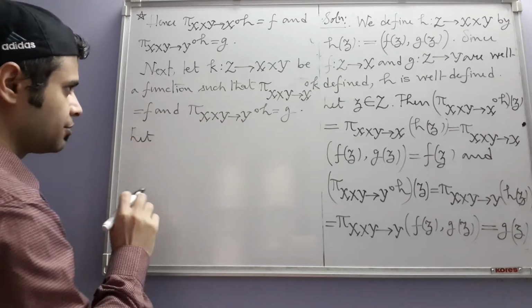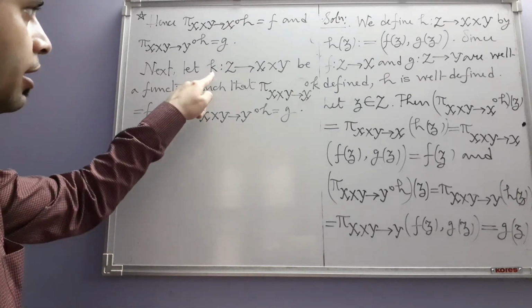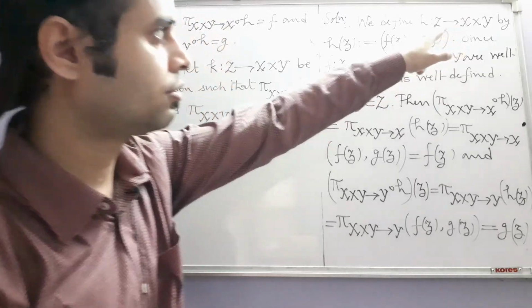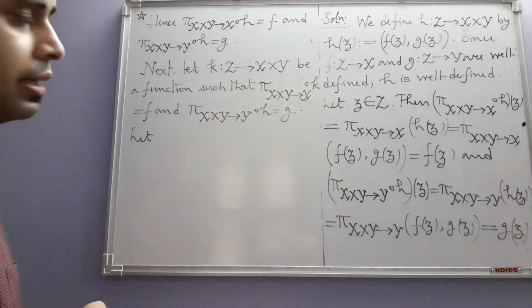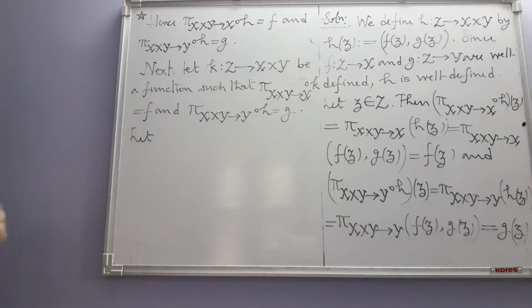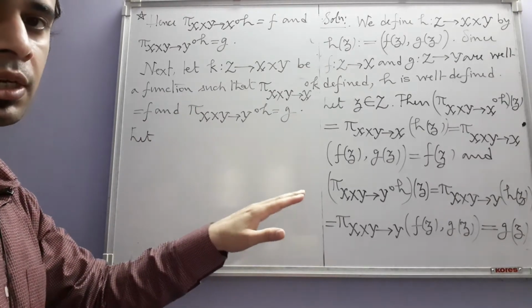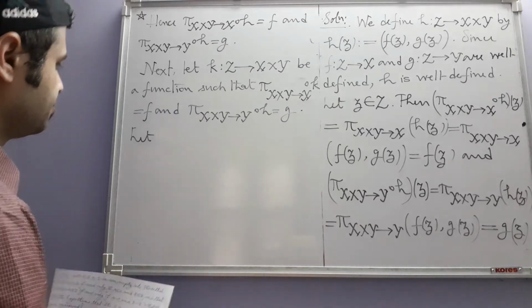For that we have to just show that K and H are both functions having domain Z and range X cross Y. What is needed is to show that they map the same elements of Z into identical elements.